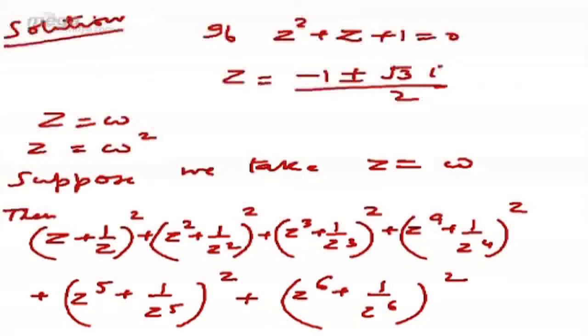Now the terms in which the power of z is a multiple of 3, that is the third term and the sixth term.